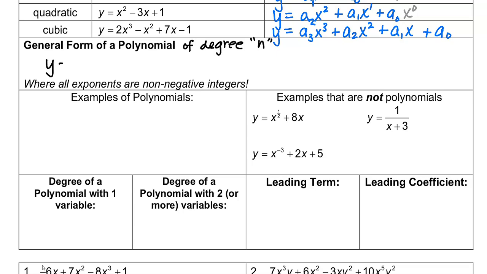So let's write the general form. It would be y is equal to, and if the highest power is n, then it would be a sub n x to the n. Does that make sense? That will be the first term, the highest term. Are we all cool with that? So what would the next term look like?